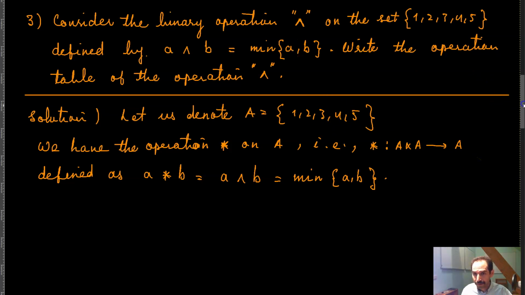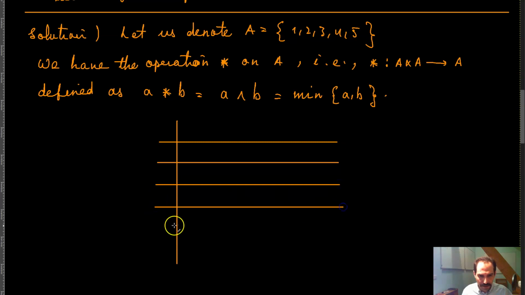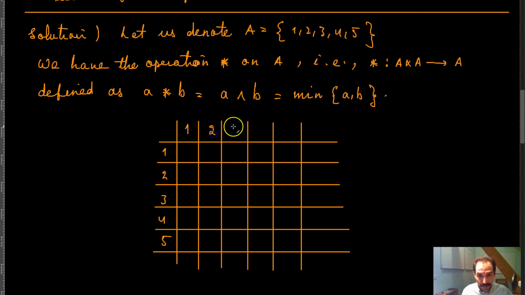Normally you get 6 rows over here, but I think what they mean by the 5 rows is 1, 2, 3, 4, and 5 here, and 1, 2, 3, 4, and 5 here, and then you have 5 columns and 5 rows. That's the only way that makes sense.